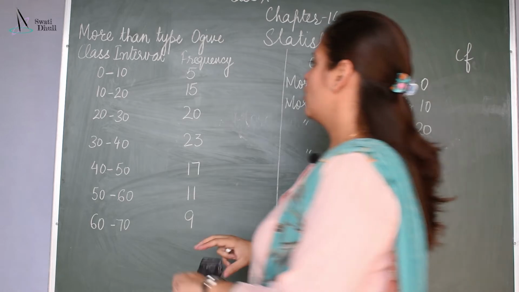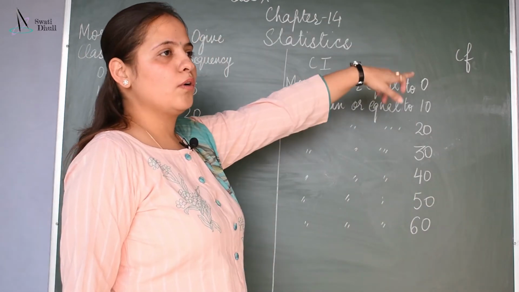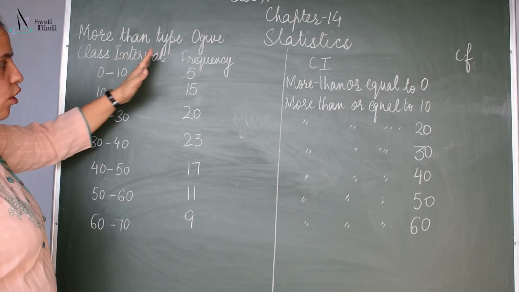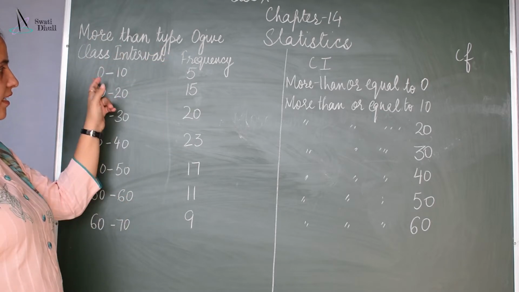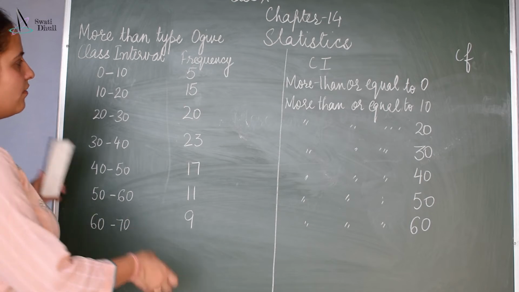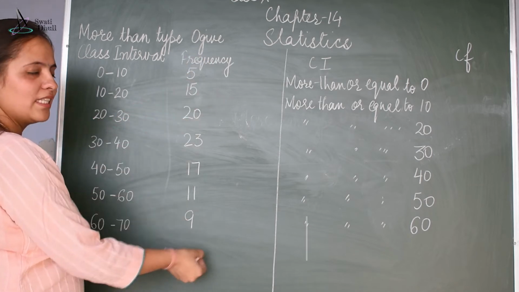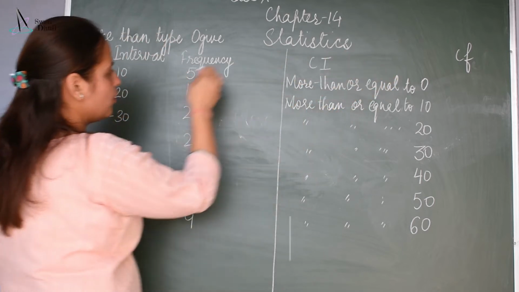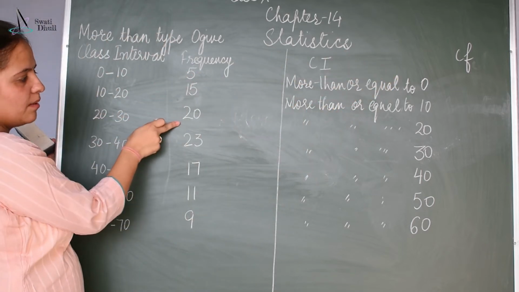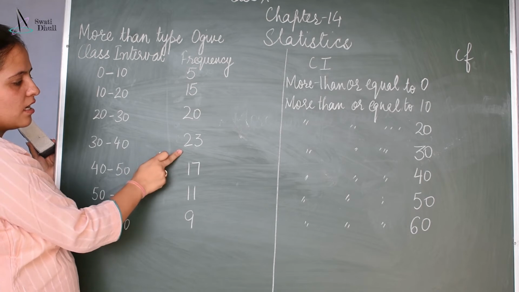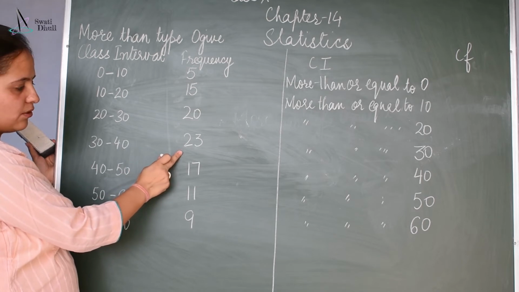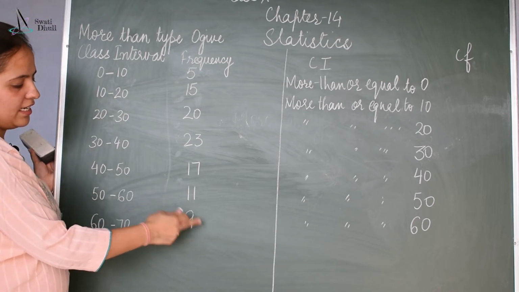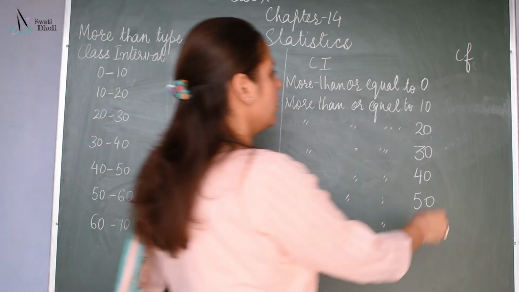See here, more than or equal to 0 means this is 0 to 10. So all the frequencies are greater than 0. So what we will do is, we will add up all these frequencies which will come under more than or equal to 0. So 5 plus 15, 20, plus 20 is 40, plus 23 is 63, plus 17 is 80, then 91 plus 9 is 100.